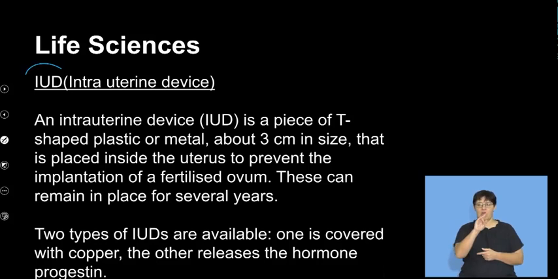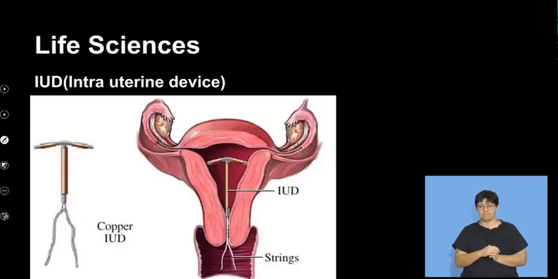Another mechanical method is called an IUD, or an intrauterine device. This is a T-shaped structure that is inserted into the uterus, and it creates a mechanical barrier preventing the implantation of the blastocyst into the endometrium.